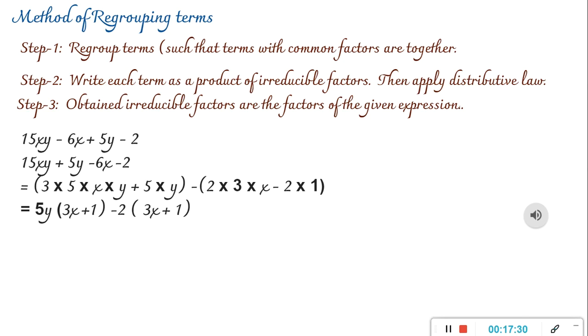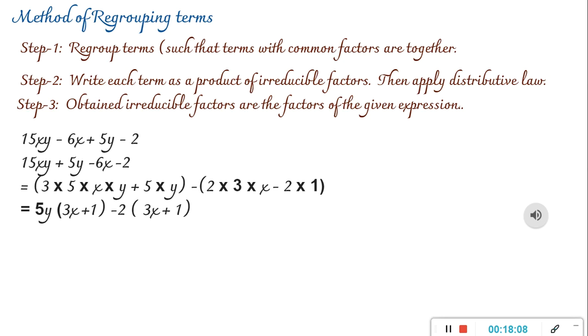So minus 2 into 3x gives minus 6x. Similarly, minus 2 into plus 1 gives minus 2. If you put a minus sign outside, then the sign inside changes to plus. Now comparing minus 2 into 3x and minus 2 into 1, is anything common? Yes, minus 2 is common and inside 3x plus 1 is remaining.